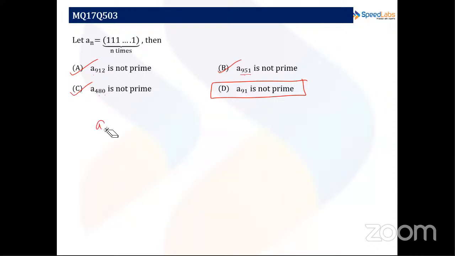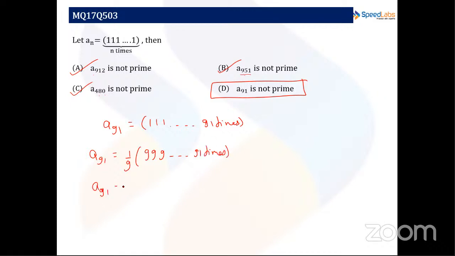So A_91 will be 1, 1, 1, and so on, up to 91 times. So let's multiply and divide by 9. A_91 will be 1 upon 9 times 999, 91 times, which equals 10 to the power 91 minus 1.